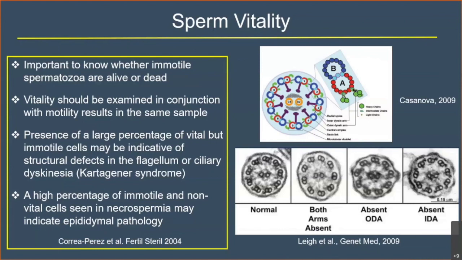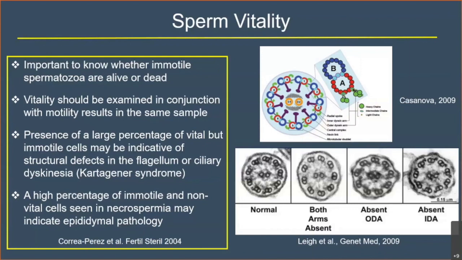The outer 9+2 arrangement shows the dynein arms, which are highlighted in green, and these are the outer and the inner dynein arm. In the image below is an electron micrograph of the flagella showing a normal 9+2 arrangement, and the other three images show when the dynein arm is absent, either both are absent or one outer or the inner arm of the dynein is missing.